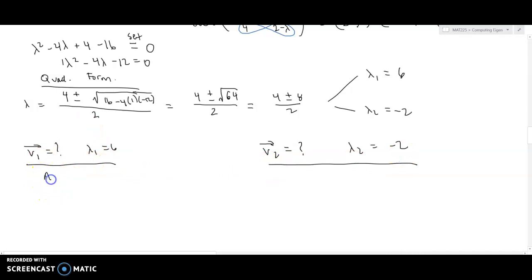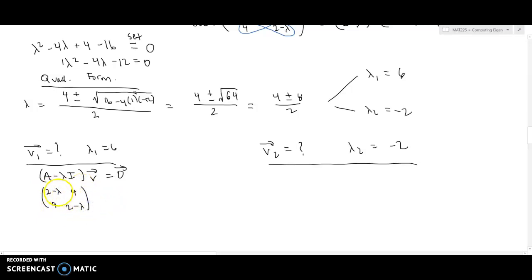So recall that A minus lambda I times v equals 0 is our eigen equation. Now I know what A minus lambda I is already. A minus lambda I is the matrix with 2 minus lambda, 4, 4, 2 minus lambda.